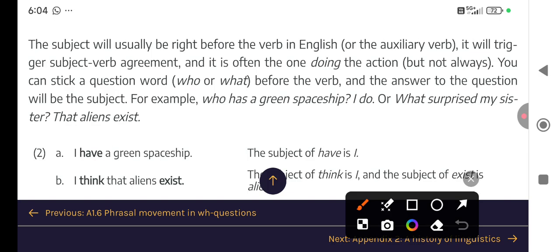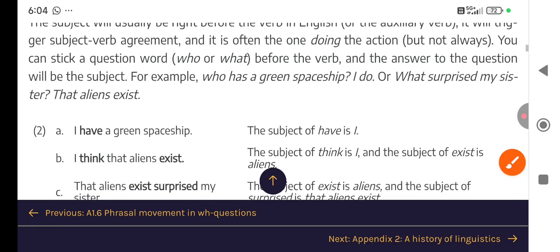So please take a note that the subject is usually right before. Exceptions are everywhere, but the subject is usually right before the verb. So here this is the verb, and here the subject is right before it, and here too. This way the subject is usually right before.